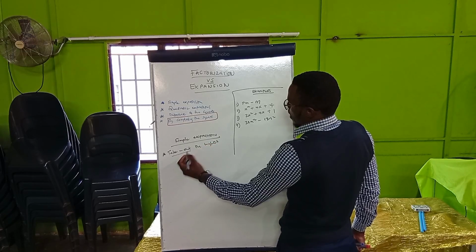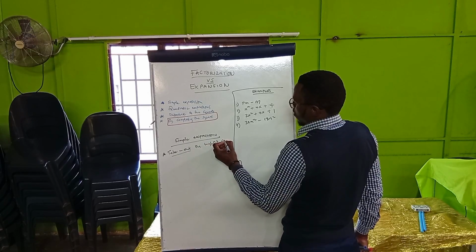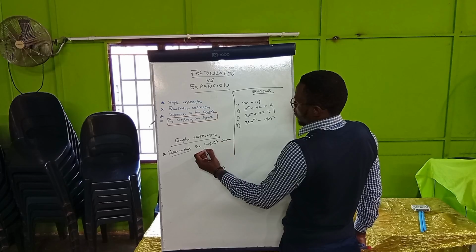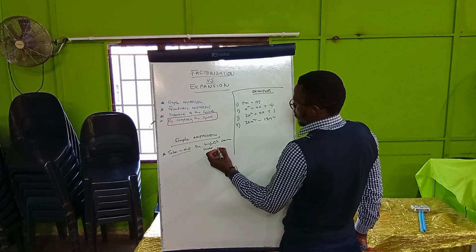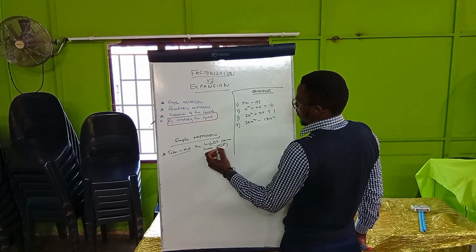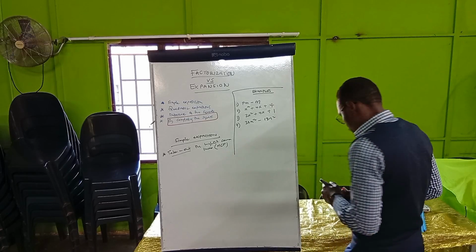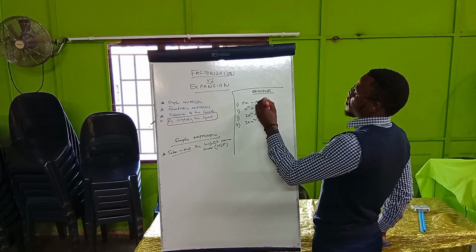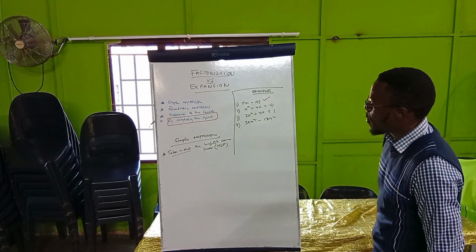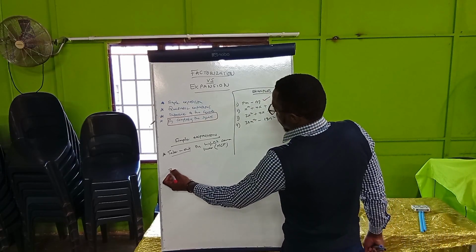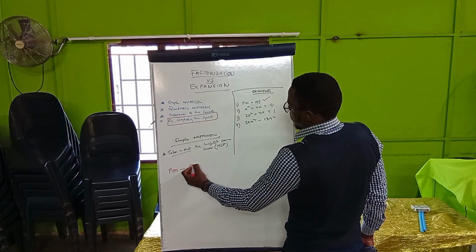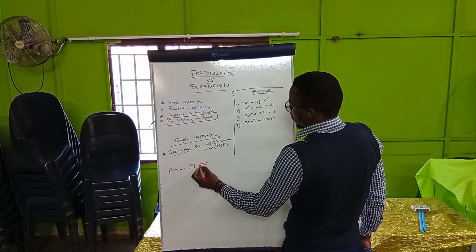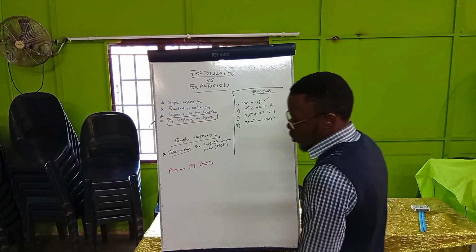Take out the highest common factor, HCF. So one example that I can pick is this one, and then I'll also give more. So if you've got PM minus M, what you need to note is, what is the common factor?